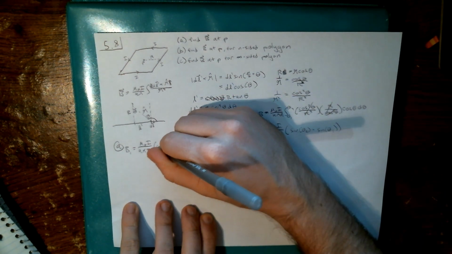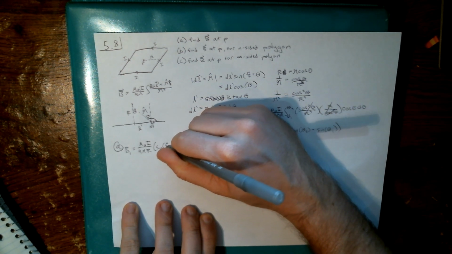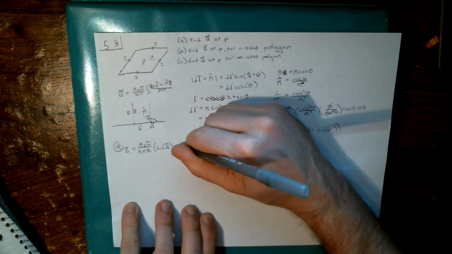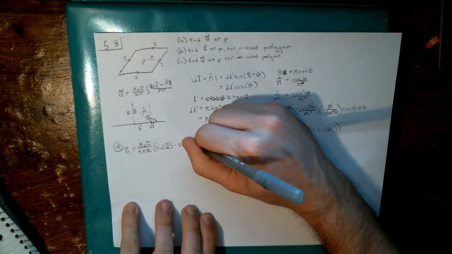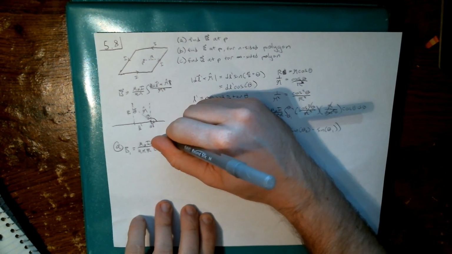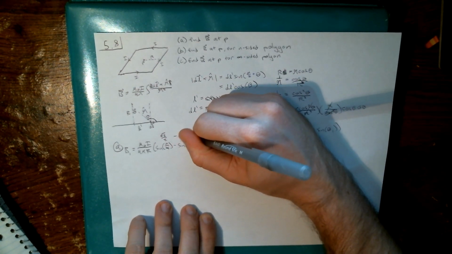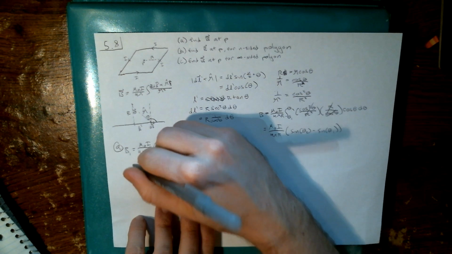So we're going to have sine of pi over 4 minus sine of negative pi over 4, which is of course just equal to root 2 over 2 minus negative root 2 over 2, which is just going to give us root 2.